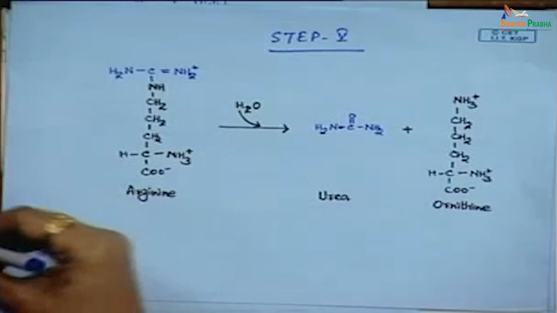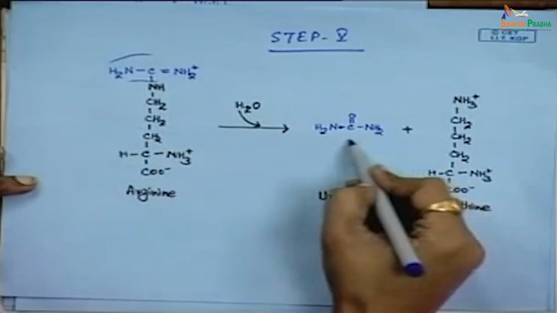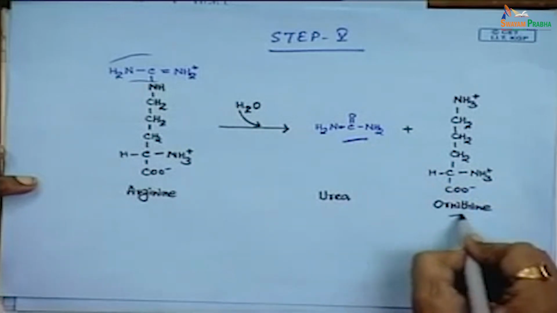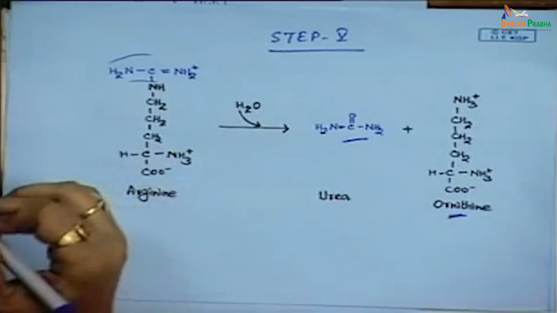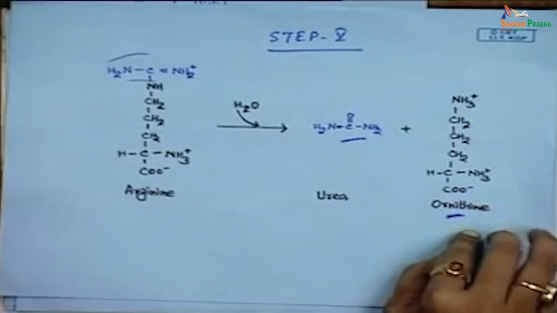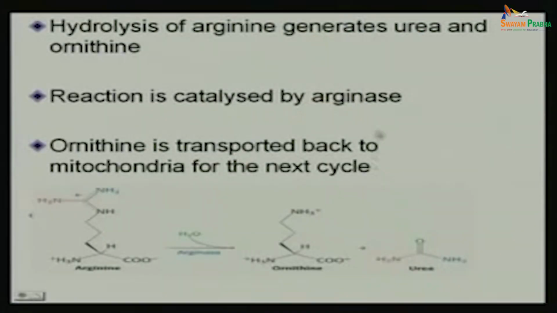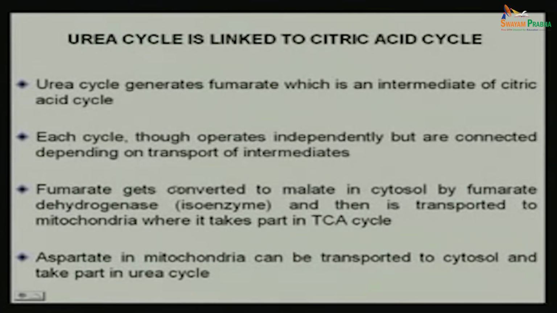See here, this group is being separated and urea is produced, and ornithine is once again going and entering the mitochondria for the urea cycle. This reaction is catalyzed by the arginase enzyme. Ornithine is transported back to mitochondria for the next cycle.